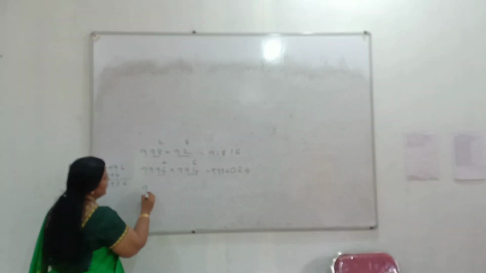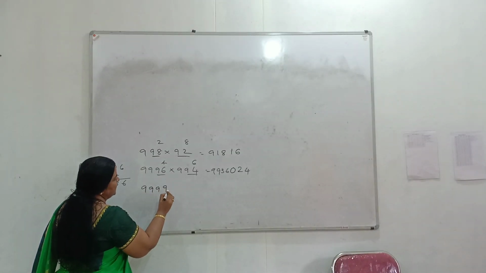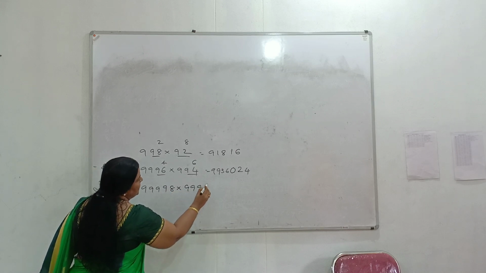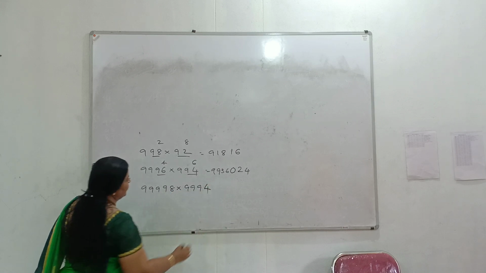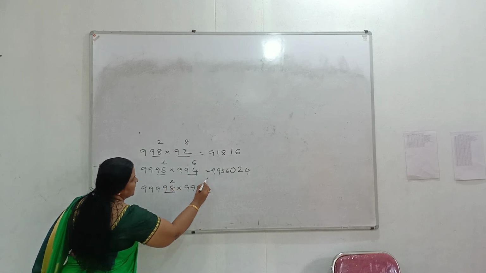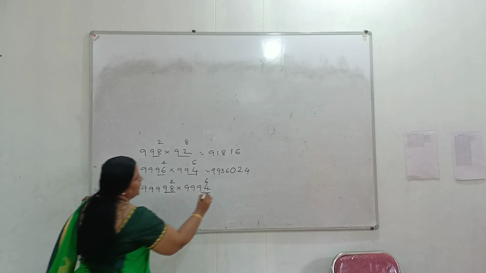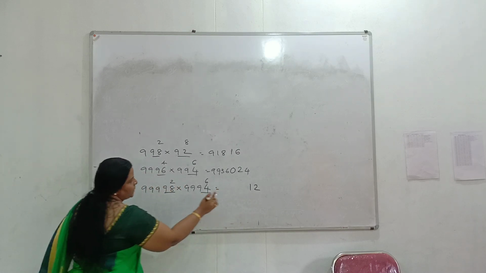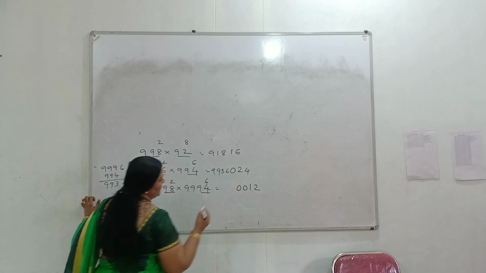Another example is 9998 into 9994. Mark a line here, here also. 2 here, 6 here. Take the product of 6 and 2, 12 here. Here we have 4 digits, so put 2 zeros to this place.